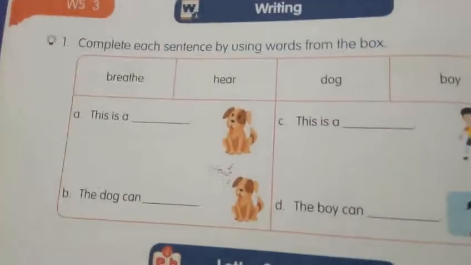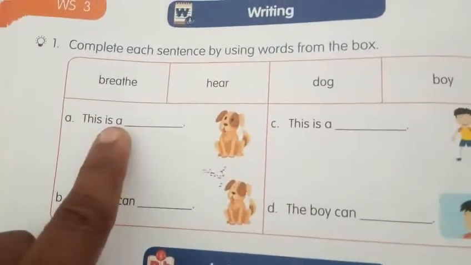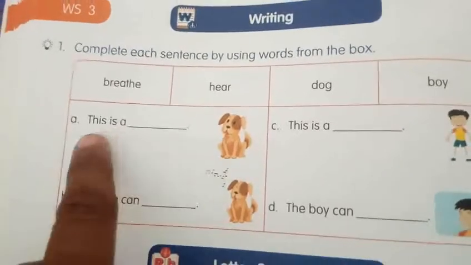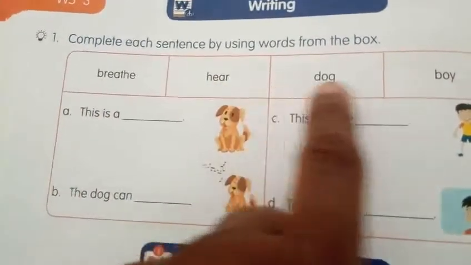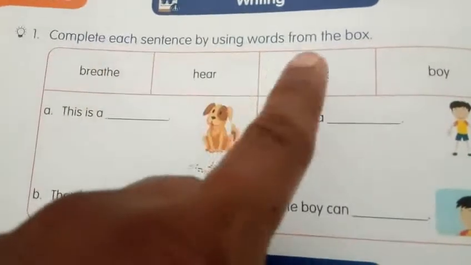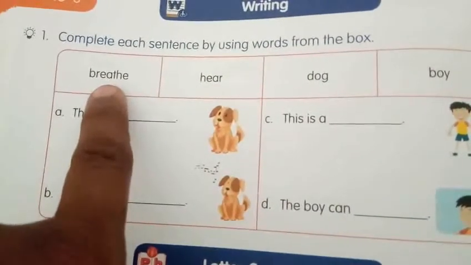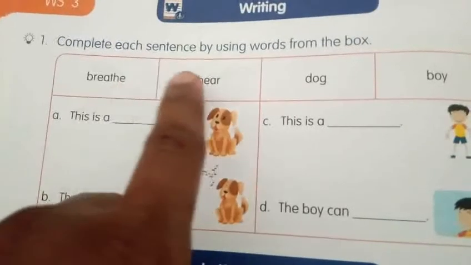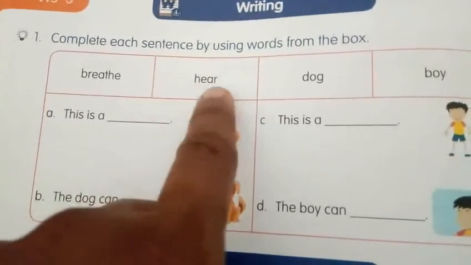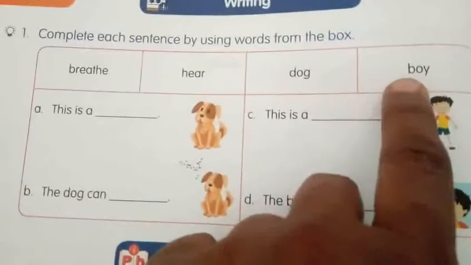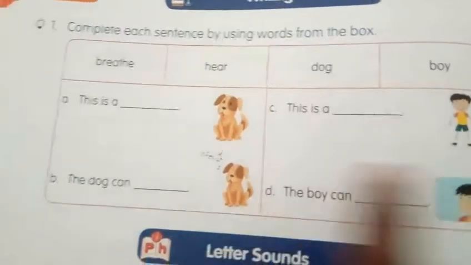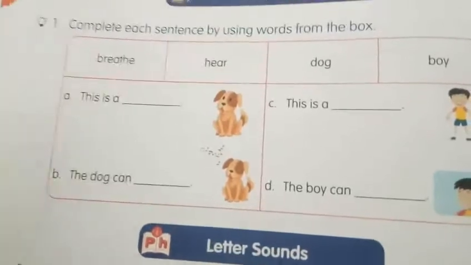See the first one. This is a dash. First of all, we will read the words in the box. Breathe, here, dog, boy. Shall we read the sentences?